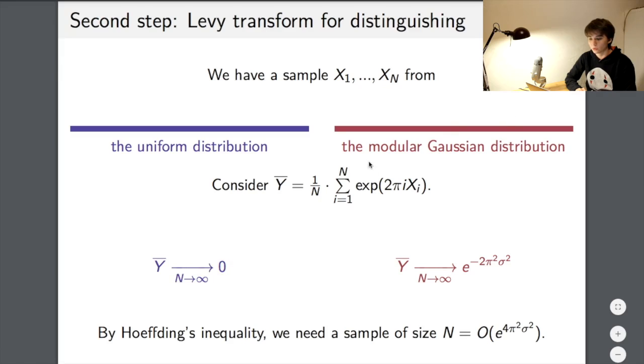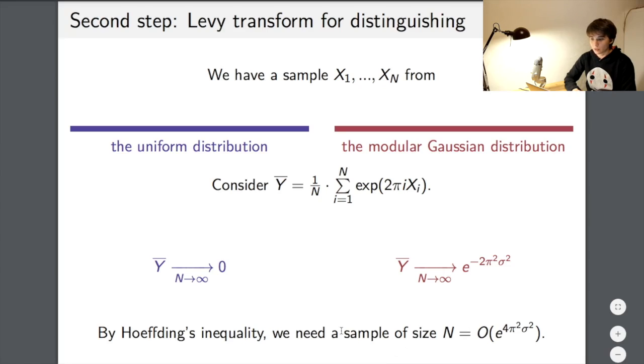In case of modular Gaussian, it can be shown that y converges to the exponent of negative sigma squared times 2p squared. Then, to construct the distinguisher, we just need to take a large enough sample, compute y, and see whether it is closer to zero or to the exponent of minus 2p squared sigma squared.